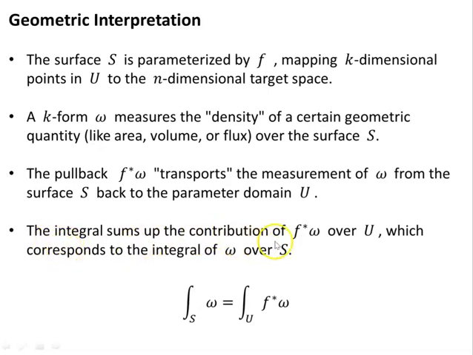So the integral sums up the contribution of the pullback of omega under the map F over U, which corresponds to the integral of omega over S. We'll get into that in a little bit more detail, but here's the beauty of it all.